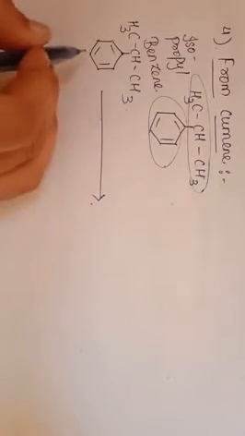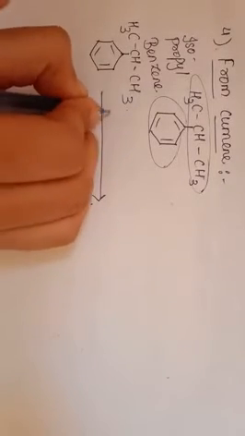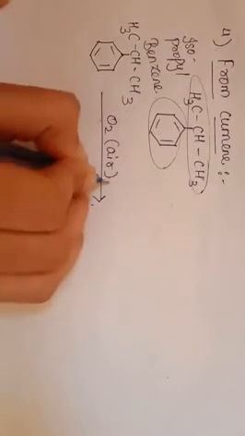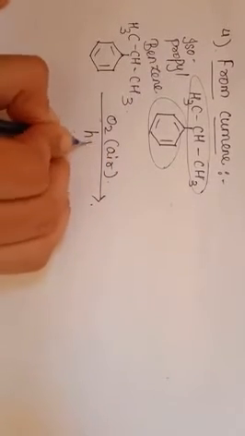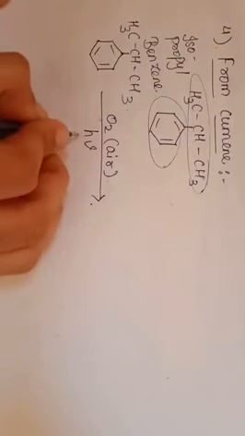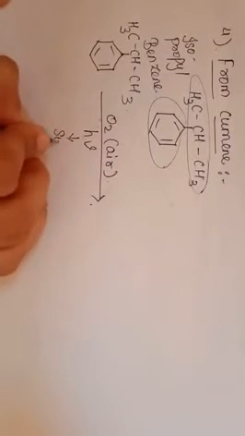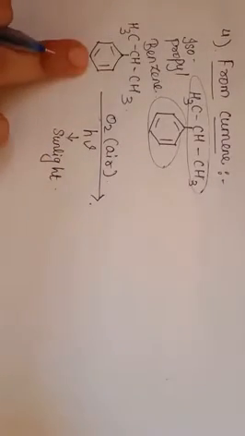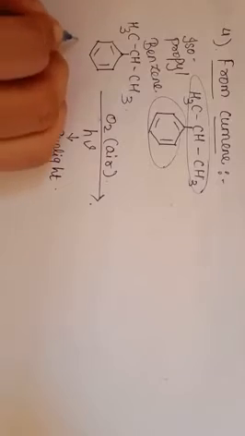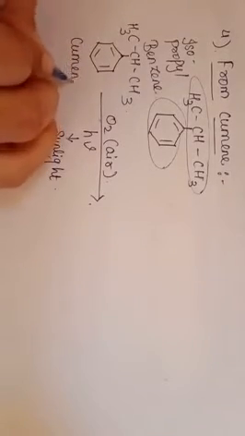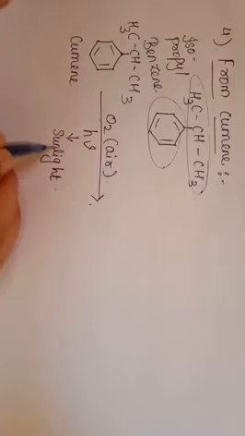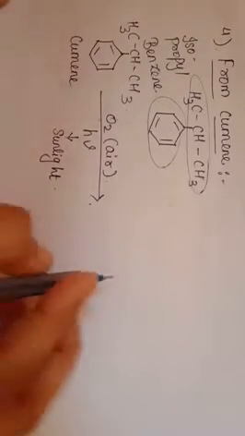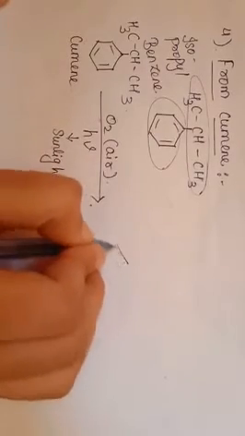On oxidation of cumene, for oxidation you need O2, which you will get from air in presence of hν. What is hν? Sunlight. So on oxidation of isopropyl benzene, that is cumene, in presence of light, homolytic cleavage occurs, and with free radical mechanism you will get an intermediate here like this.